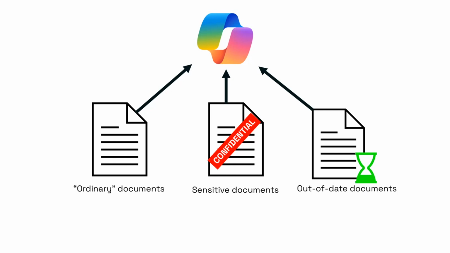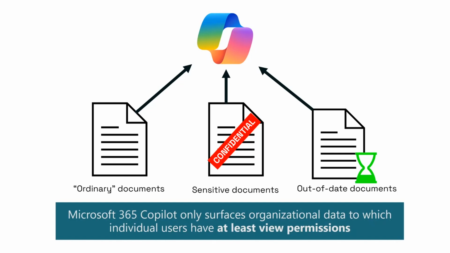So the key thing about Copilot is that it's going to surface organizational data to which the individual user has at least view permissions. If a user has permissions to see these documents, then Copilot can return them. That's the key thing around Copilot.